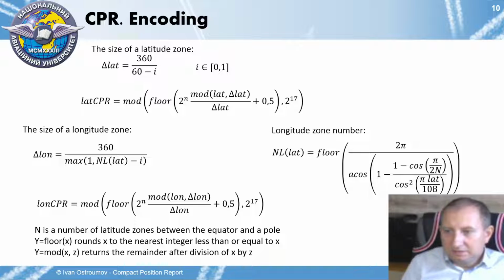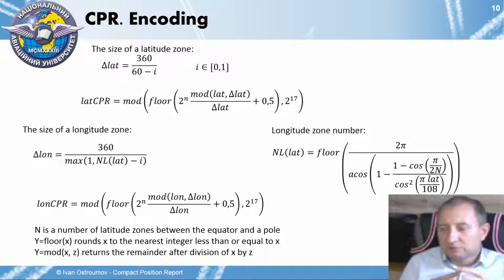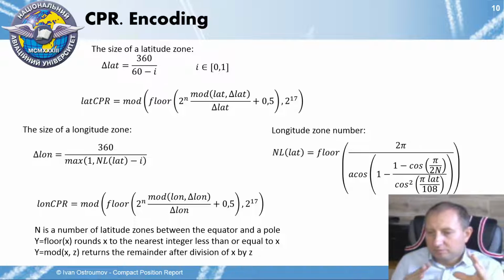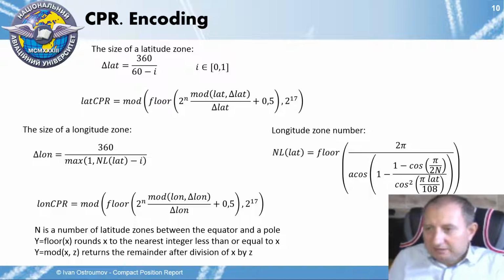In this case, this algorithm automatically scales or reduces the precision of our latitude and longitude to make it possible to code it with CPR. That's why CPR is dynamically tuned coding, which makes it possible to code to the particular scale which we have for bits of data.